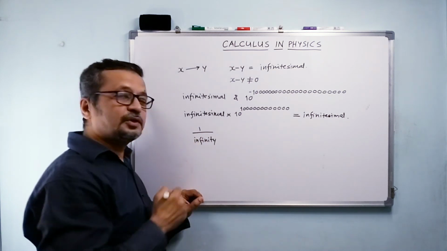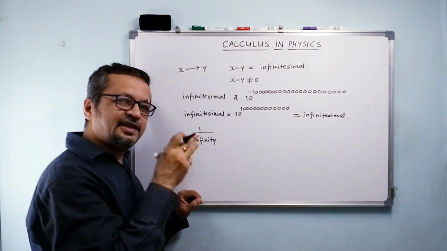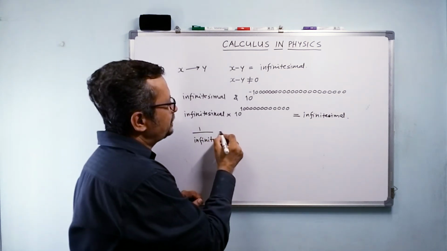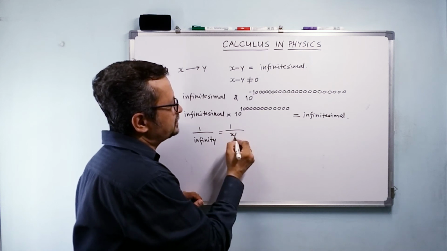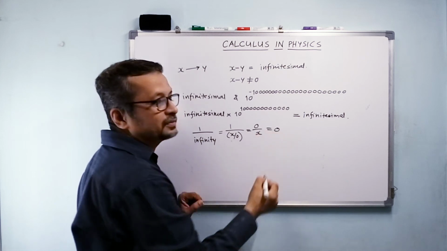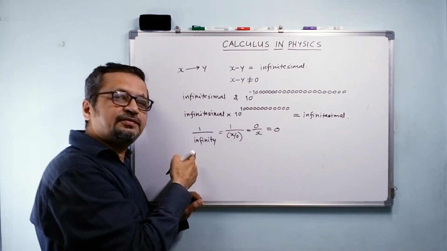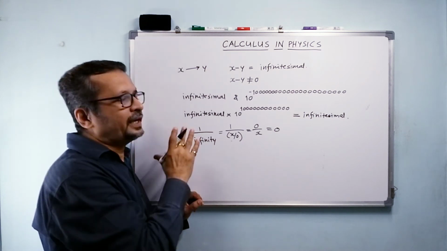Now what is 1 upon infinity? You divide something by 0, we say it is infinity. So this is 1 upon 0, let us say x upon 0. So that would be equal to 0 upon x, and that would be 0. So the reciprocal of infinity is 0.